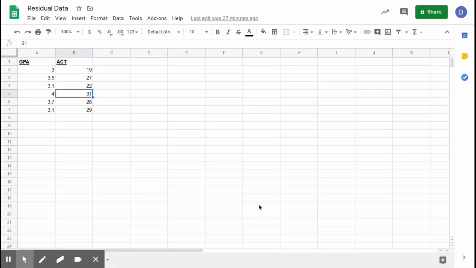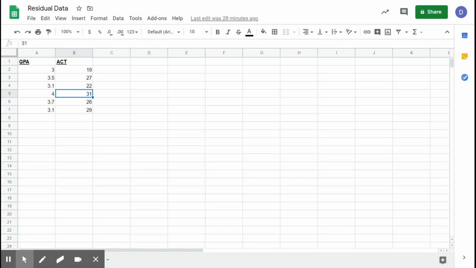I don't see it, which is not good. It means we probably did something wrong here. Oh, I already see it. I used a negative instead of a subtraction. Looks like a pretty good regression line. And now we've got all the stuff that we've done previously.